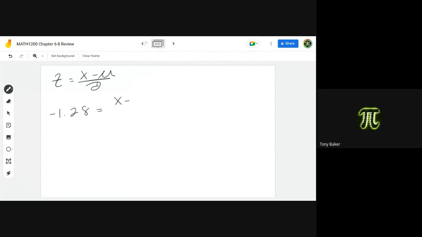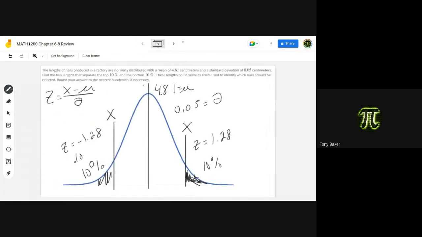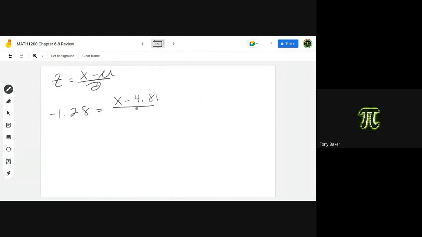My mean was 4.81. And my standard deviation is 0.05. And I'm also doing 1.28, same thing. So we have to multiply.